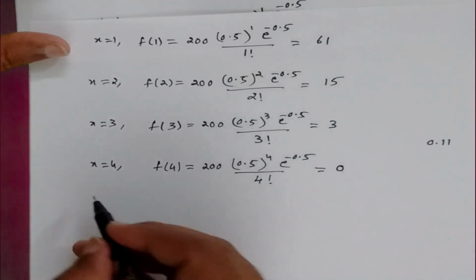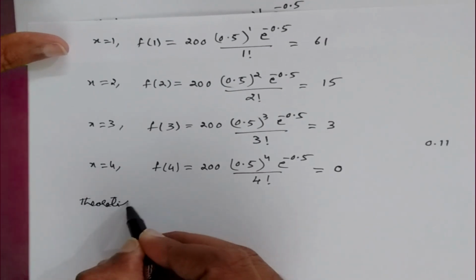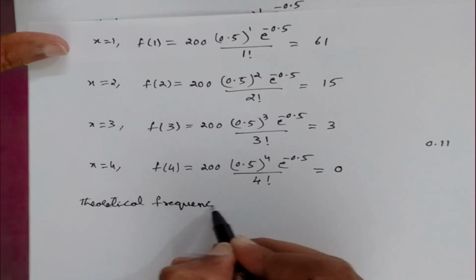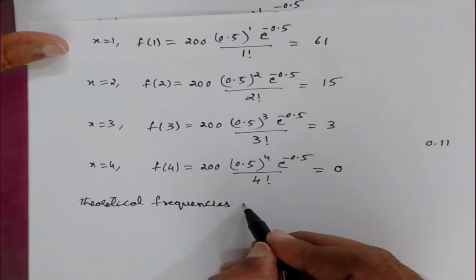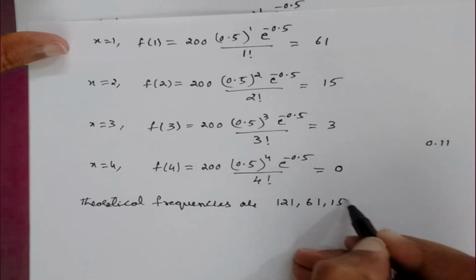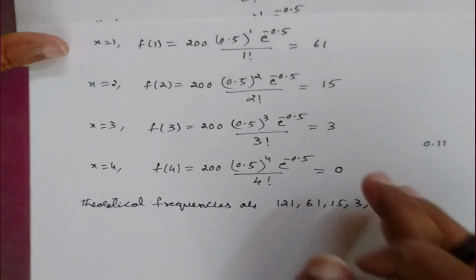Therefore, your theoretical frequencies will be 121, 61, 15, 3 and 0. So those are the theoretical frequencies.